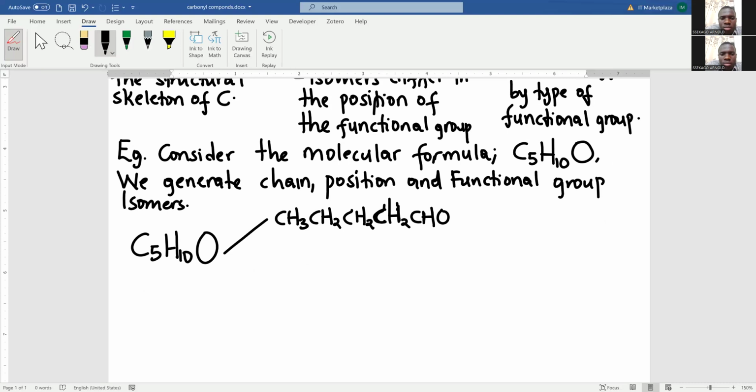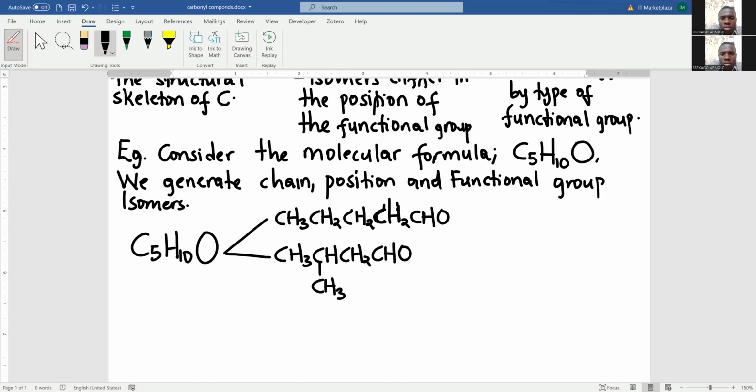If I'm to create a branch, then I should have 4 carbon atoms within the parent chain, i.e. CH3, CH, CH2, CHO, then a branch here, CH3. You can count the carbon atoms.